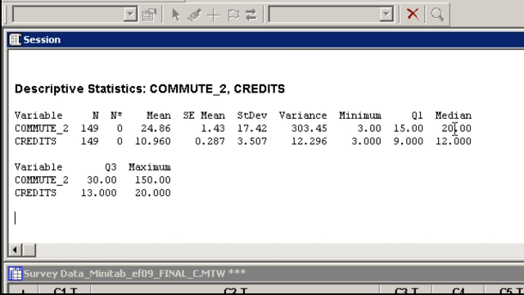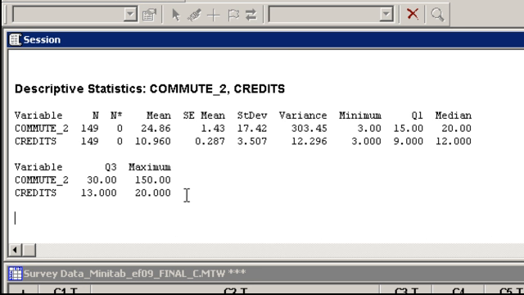The median, which is also Q2, or the 50th percentile, is 20 minutes, which means 50% of the students who took this survey had a commute time of 20 minutes or less, or 20 minutes or more. Q3 for commute time is 30 minutes, so 75% had a commute time of 30 minutes or less, 25% had a commute time 30 minutes or more, and then the largest was 150 minutes.